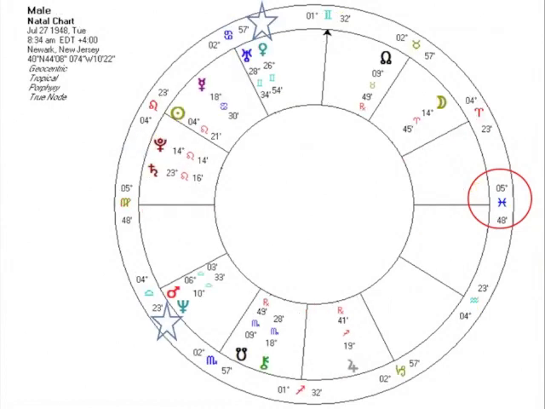Let's look at Daniel's chart then here from the 7th house cusp and use another example again. So look what we have here on the 7th house cusp of Daniel's chart. We have Pisces on the 7th house cusp. Its ruler Neptune, as we have seen before, is over there in the 2nd house in Libra.